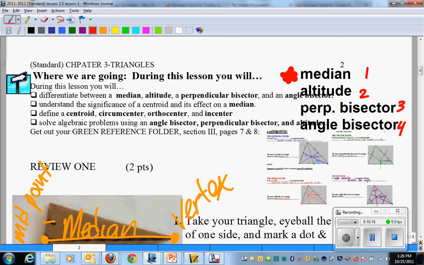Median is what? I'll do the middle. Go down the hall, sir.